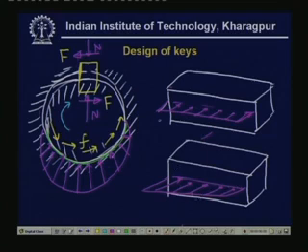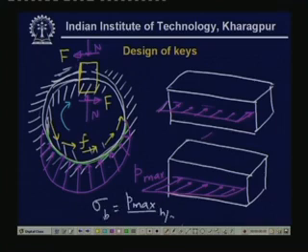We will have to again see this is the maximum pressure P max, and the maximum bearing stress will be equal to P max divided by, if this is per unit length, H by 2, that is sigma B equals P max divided by H by 2, whereas tau max here will be equal to P max divided by this length, that is W. And we have to again calculate the strength, once due to the shear stress, and another due to the crushing strength. So, the analysis really becomes complicated.